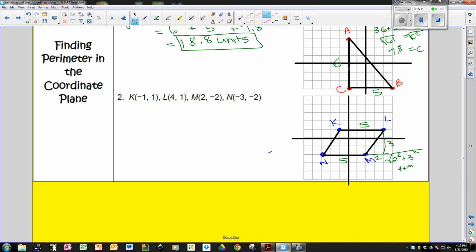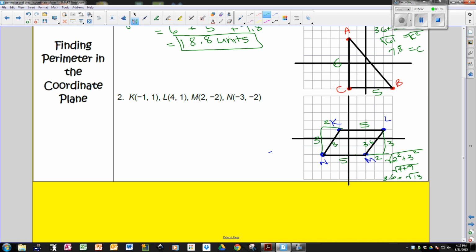So 4 plus 9 is 13. And the square root of 13 is 3.6. So this side here is 3.6. So I'm going to do the same thing with this side over here. I'm going to draw my little right triangle. This is 3 and this is 2. So it's the same triangle.